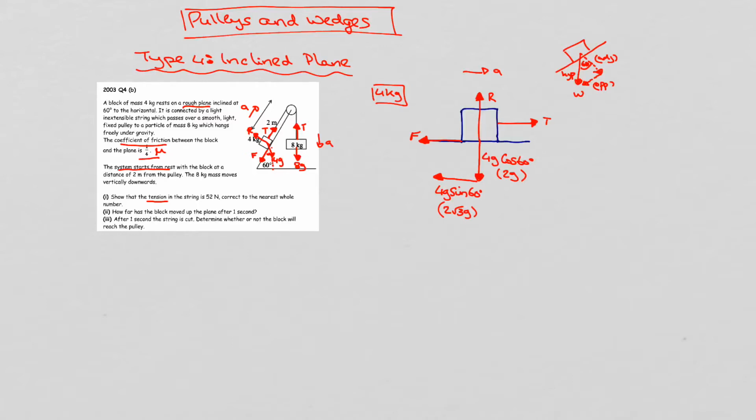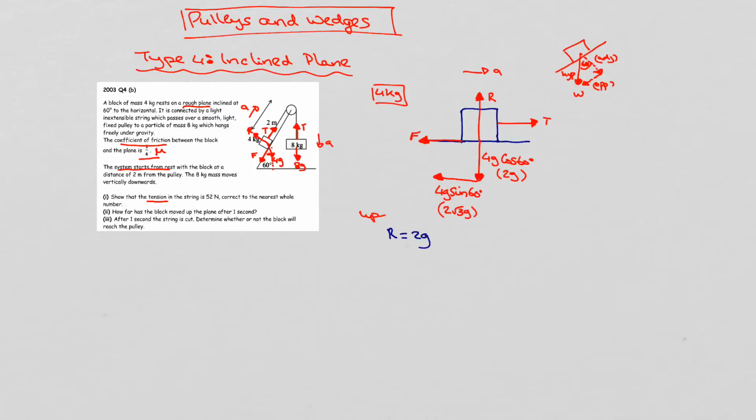Okay, so now if we're looking at our equations, well, what can I say? Well, the 4 kilogram block is not lifting up or down off the plane, and therefore the vertical forces must be equal and opposite. So in other words, we have our R must equal our 2g.